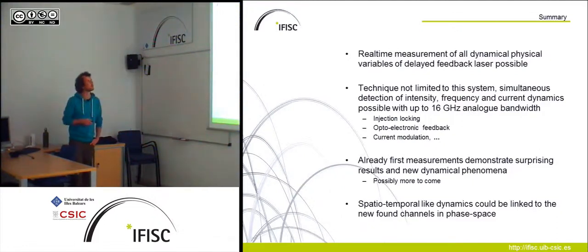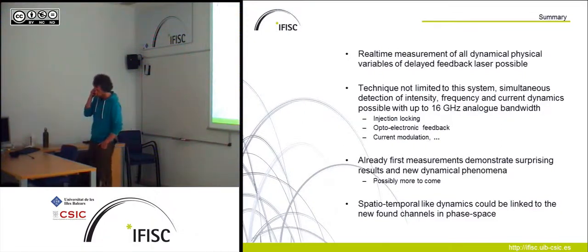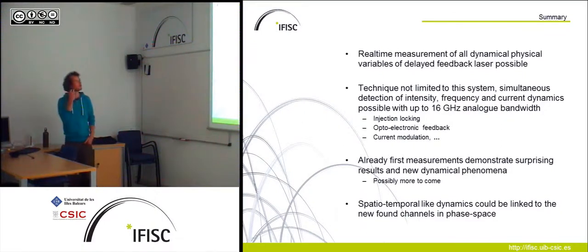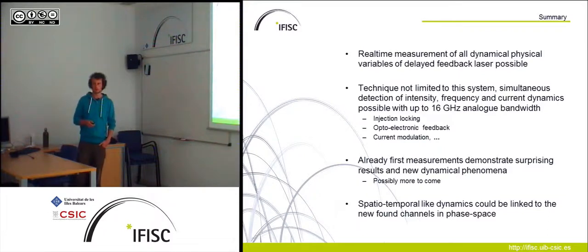Okay, so to summarize, I've presented the first real-time measurements of all the 3 physical variables of such a delayed feedback coupled semiconductor laser. The technique, however, is not limited to such a system. It's basically just the simultaneous detection of intensity, frequency, and current dynamics with up to 16 GHz temporal resolution.